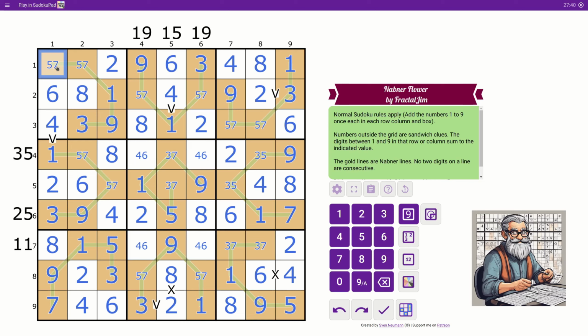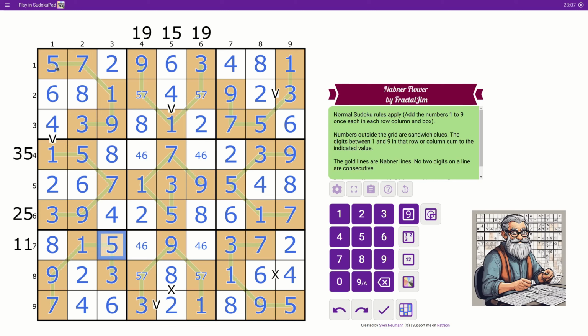Okay, well, this one is 5, this one is 7. Let's see. 5, 7. Right. 3, 7. 5, 3. 5 and 7. You get the gist.